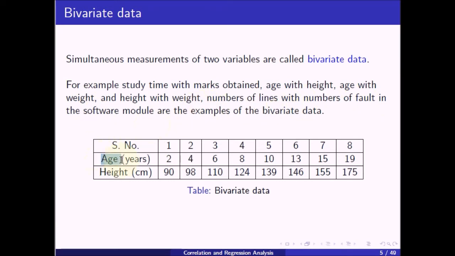We can see here age and height. For the eight students, we stored age and height simultaneously. It is called bivariate data. If only age is there, it is called one dimensional data or univariate data.